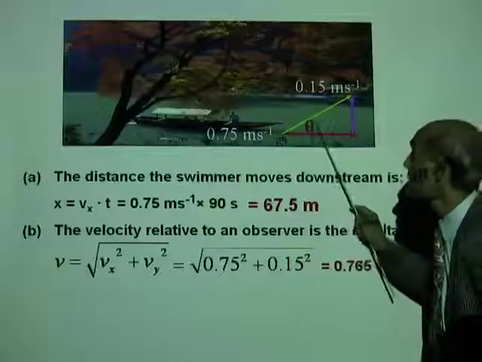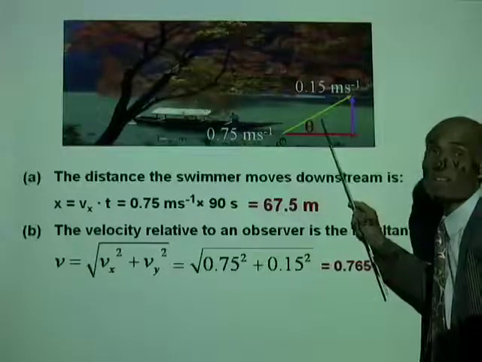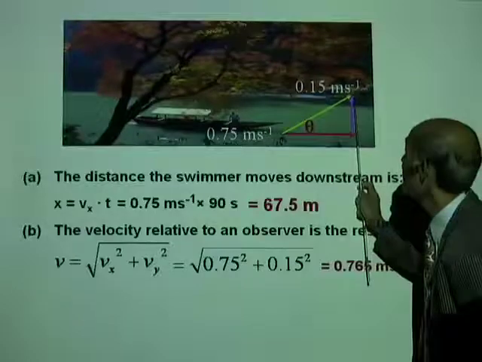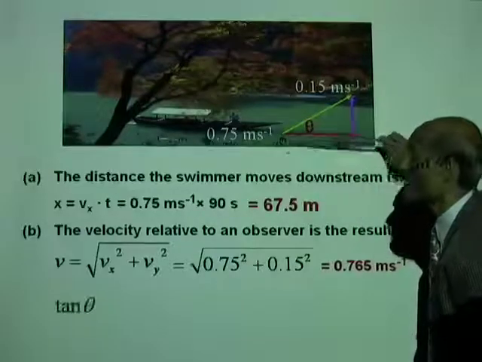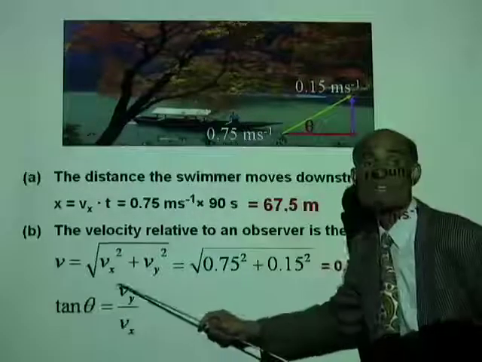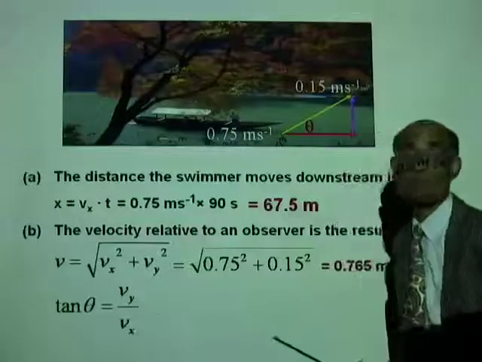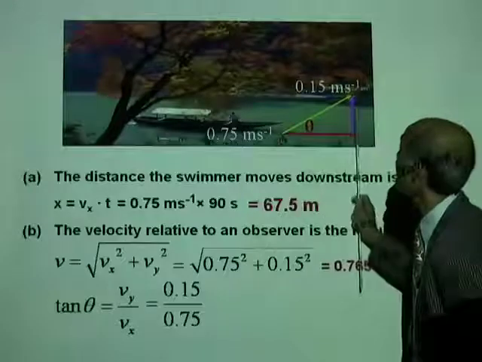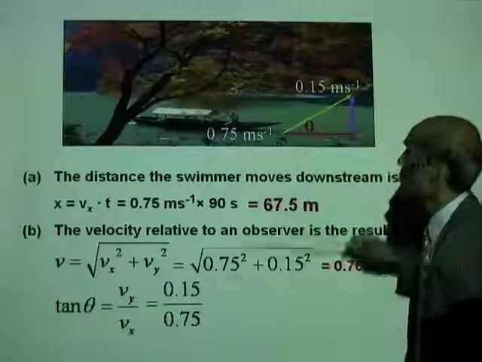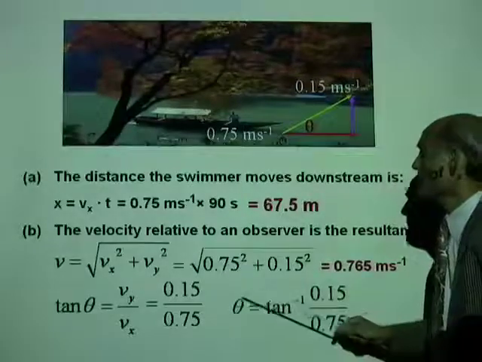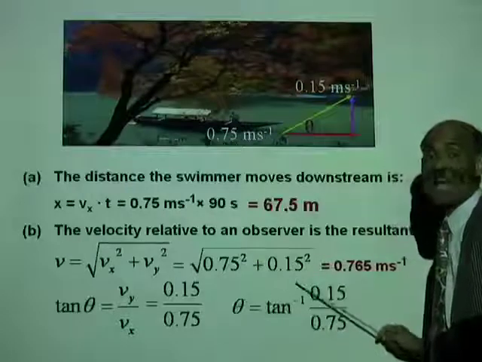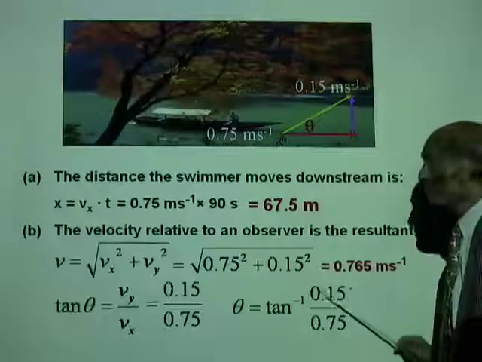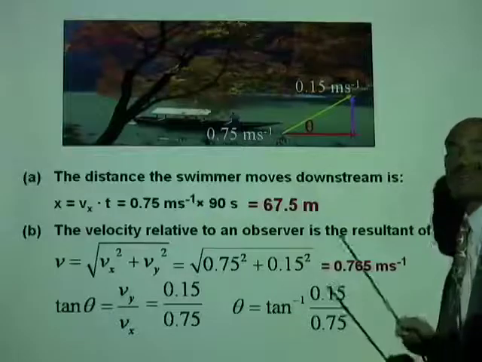Tan theta equal to Vy divided by Vx, which will be Vy is 0.15, Vx is 0.75, and therefore theta equal to tan inverse of Vy divided by Vx.